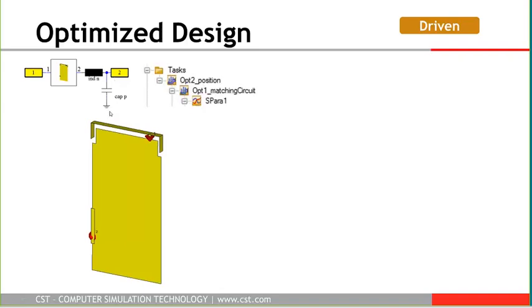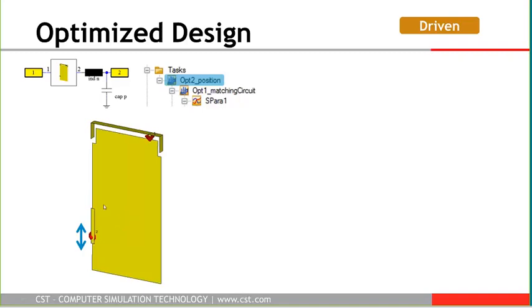And this can be nicely done by controlling the flow of the operation of the simulation. What we can do, we can set up a nested optimization. So there is an outer loop displayed in blue, and this outer loop of the optimization will move the antenna around the common ground plane.